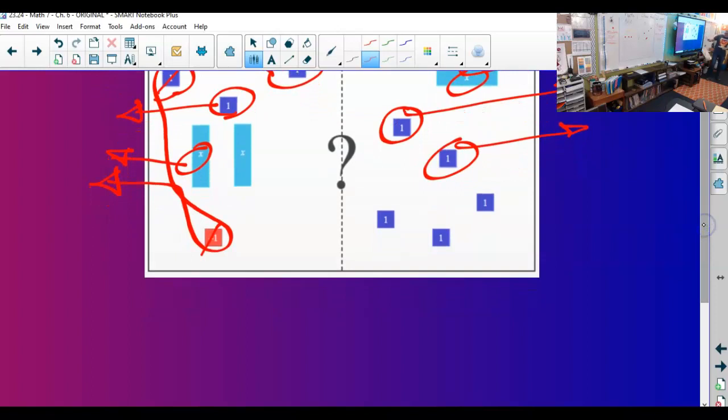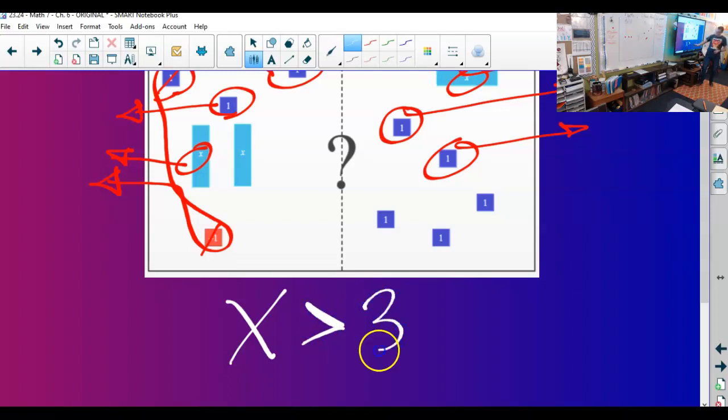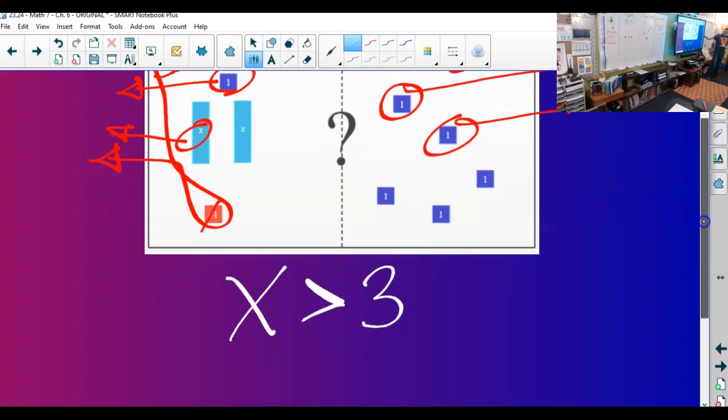Then we got asked to give 4 values that will make the left side bigger than the right side. Guys, on your graph paper, that you definitely have, because we always use graph paper, what we're now doing here is setting up x is greater than 3. That's what we're trying to do.